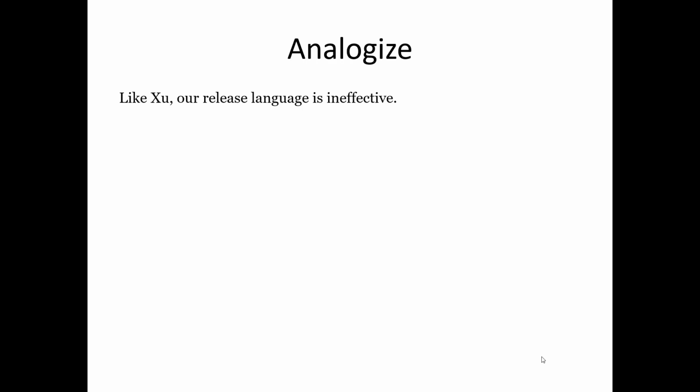Okay, and then in this slide here, look at these first two examples. "Like Shoe, our release language is ineffective." Shoe is not italicized in the first one, so that means you're referring to a person. And then in the second one, "Like Shoe," italicized, "our release language is ineffective."